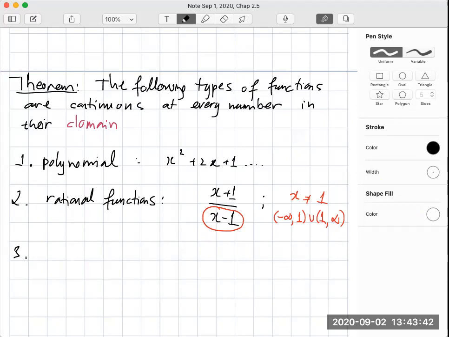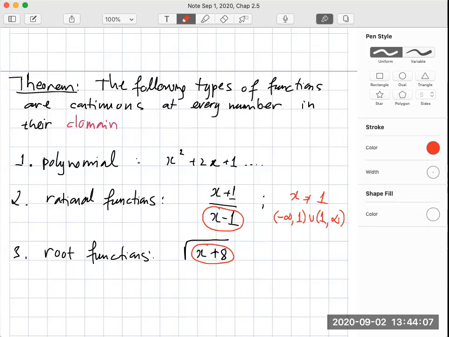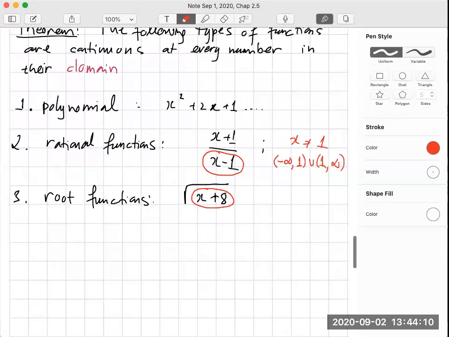Three, root function. Root function, for example, square root of x plus 8. It is defined when the thing under the radical sign is defined. In this case, x plus 8 should be nonnegative, right? It means x should be larger than or equal to negative 8.